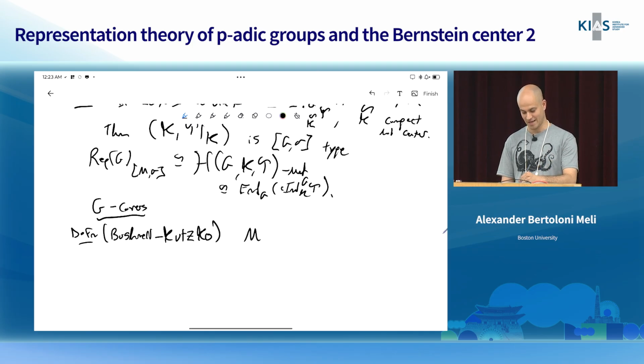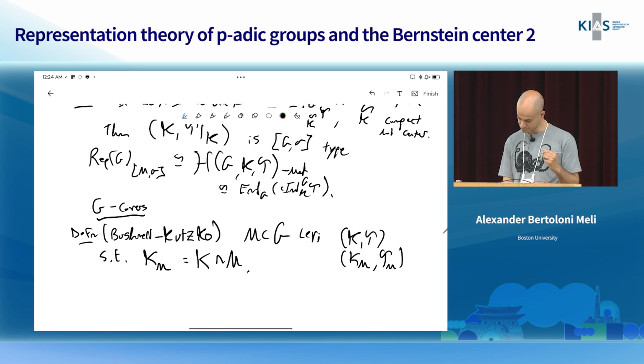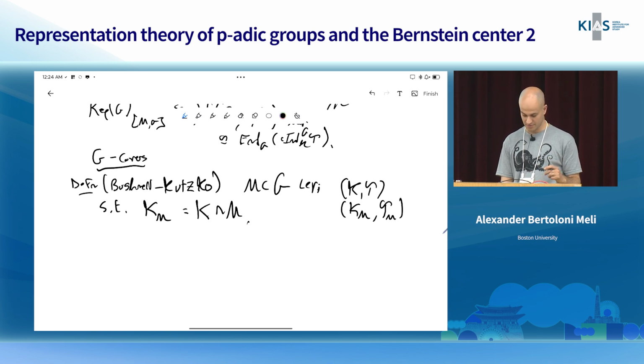So suppose M is a Levi subgroup of G, and suppose we have two pairs, K tau and K_M tau_M, such that K_M is just this intersection. So blah blah blah.